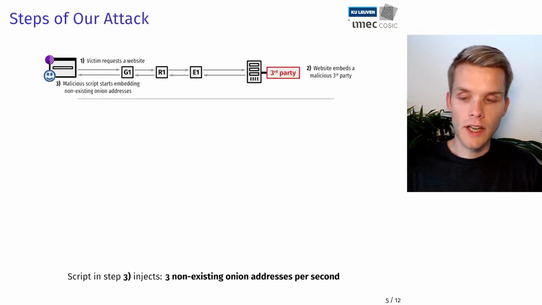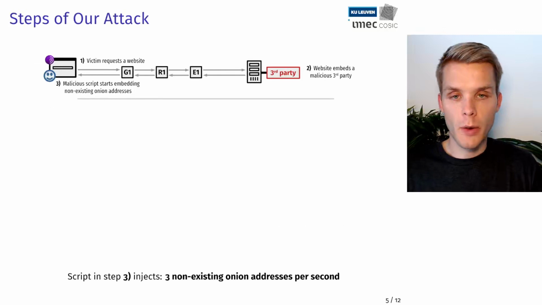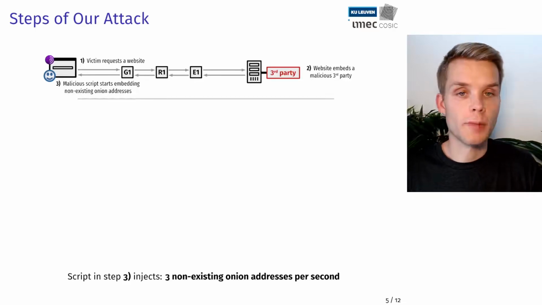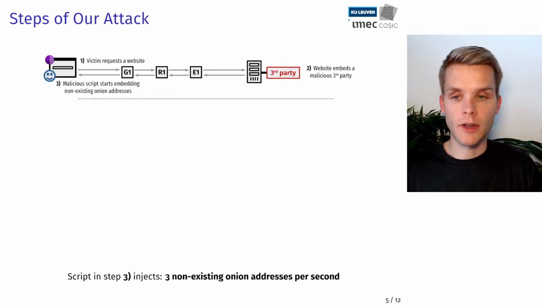You can see here a Tor browser victim first requesting the target web page, just via a regular 3-hop circuit. As part of the target web page, the adversary is somehow able to control parts of it and will embed a malicious script into the web page.